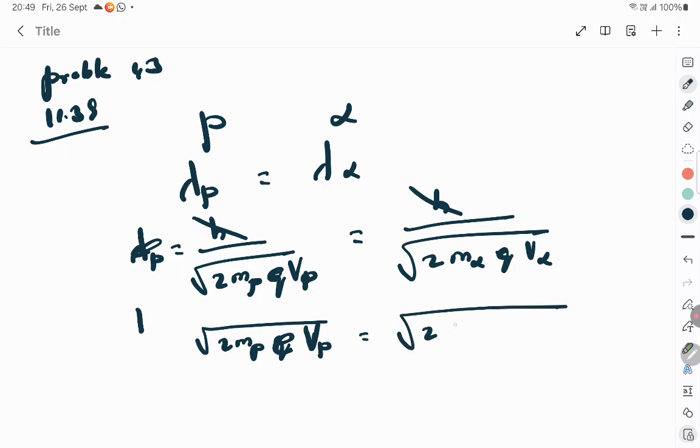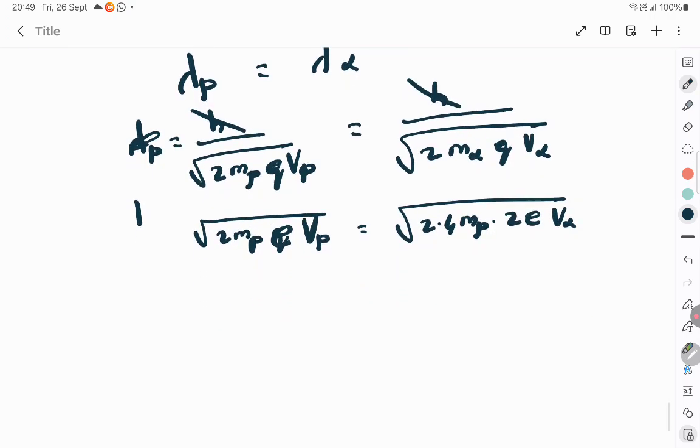On the other side, 2 into mass of the alpha particle, which is 4 times the mass of the proton, and the charge of the alpha particle is 2 times the charge of the proton, and then V alpha. Squaring both sides, the 2 and 2 cancel, the e and e cancel, the mp and mp cancel. You get Vp equal to 8 V alpha. So Vp by V alpha is 8:1. The ratio of stopping potentials Vp by V alpha is 8:1.